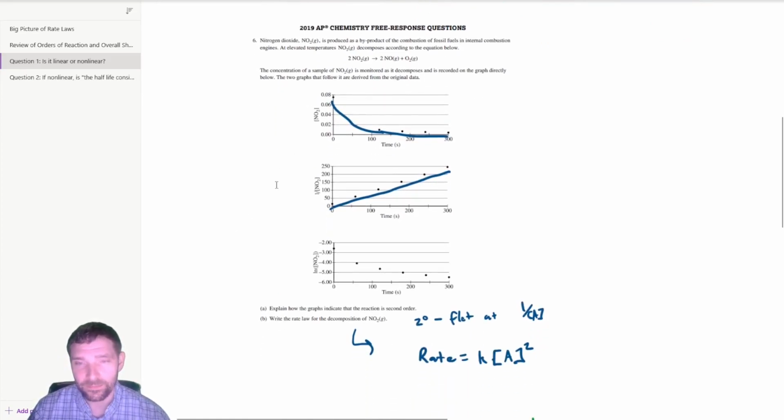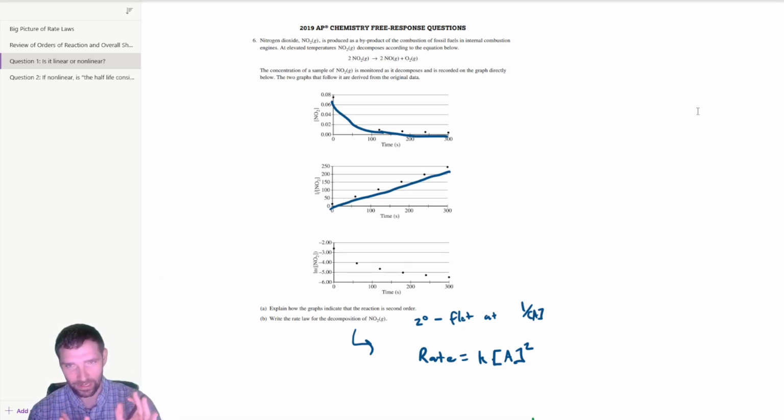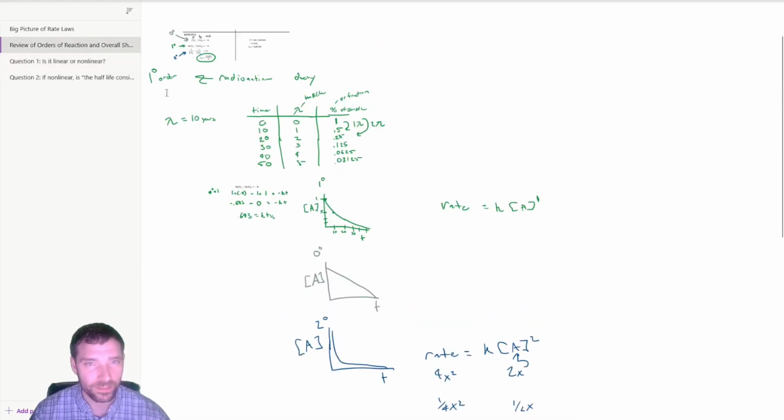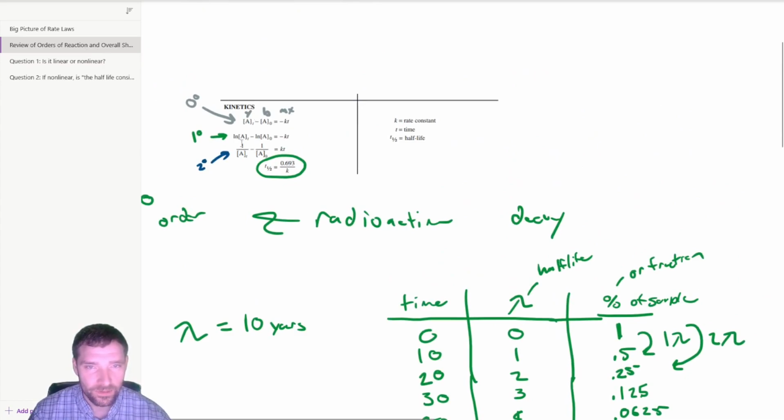This graph is a bit tricky because they're plotting the concentration over time. And that's really what I'm asking about something being linear or nonlinear, just that normal graph, just the A compared to T. All of them should be linear at some point if you were to plot them out with respect to the appropriate formula. So if you were able to plot out something of first order with ln, that will be linear.